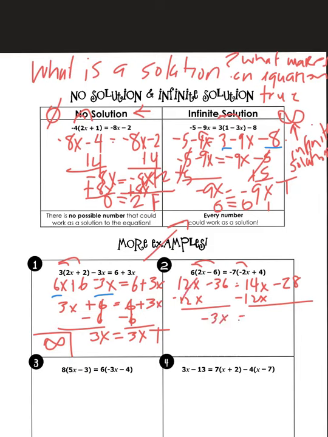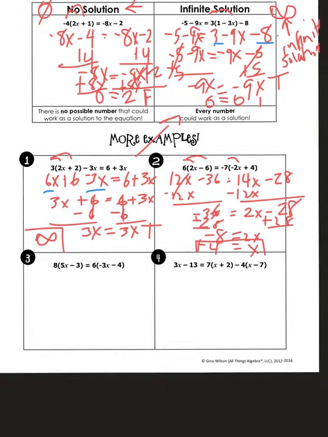Negative 36 equals 2x minus 28. Add 28 to both sides. And we get negative 8 equals 2x, and x equals negative 4.